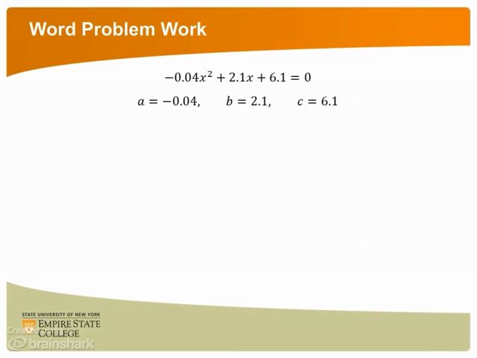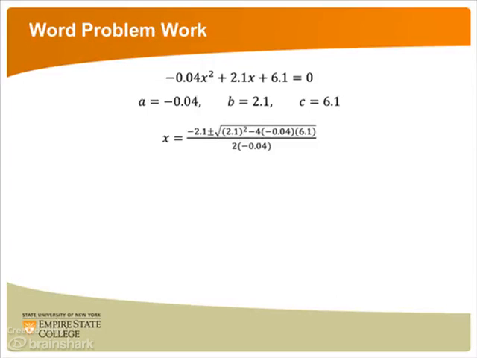Inspecting our equation, we find that our values for a, b, and c are negative 0.04, 2.1, and 6.1 respectively. We plug those values into the quadratic formula. Do all the multiplication type operations.